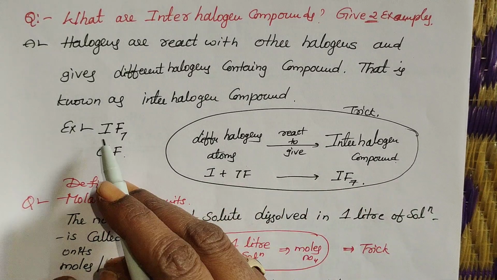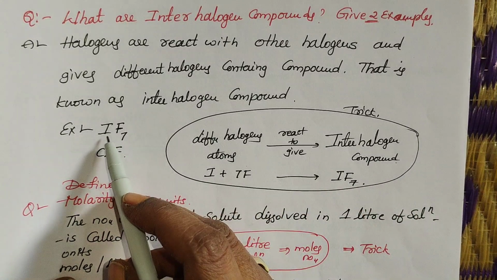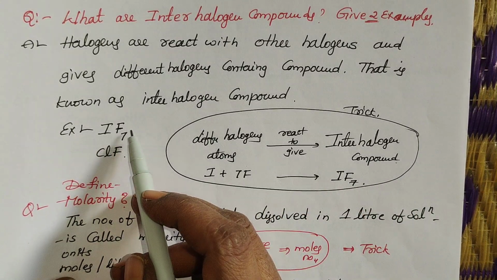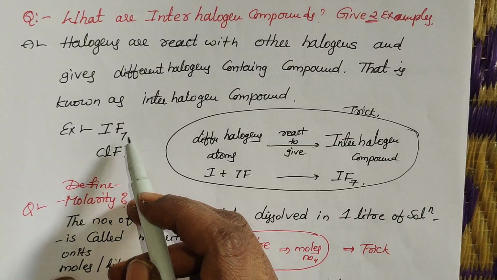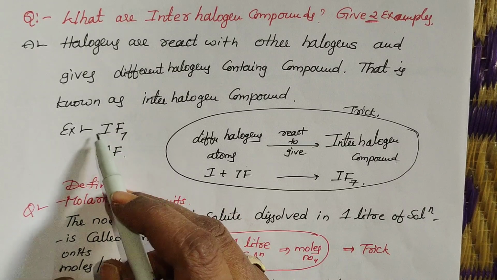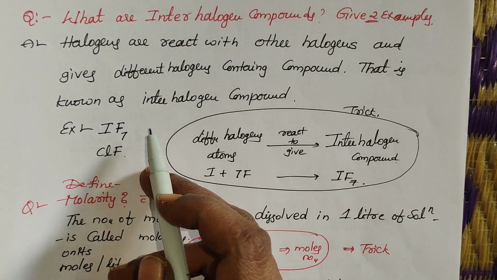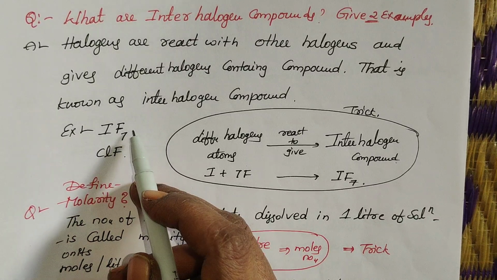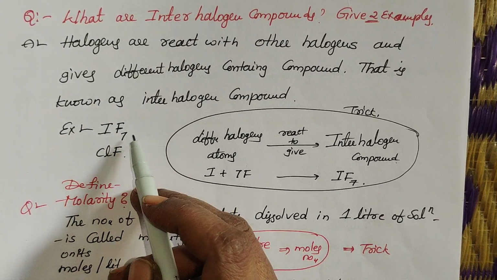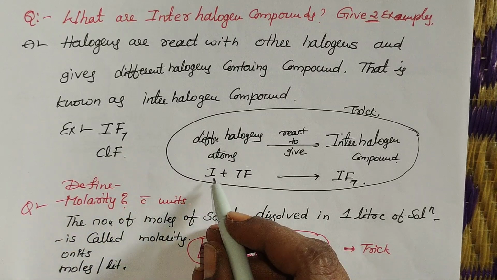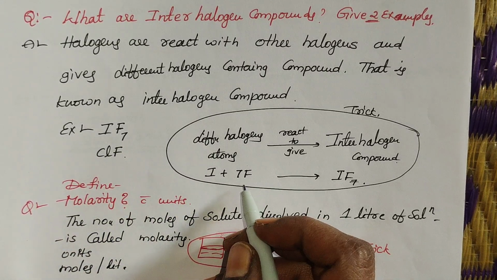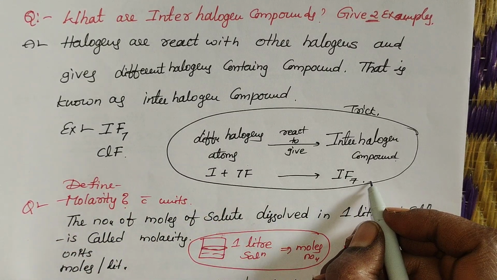For example, if you take IF7, iodine is also a halogen, fluorine is also a halogen, but it is a compound. Different types of halogens are combined to give a compound. This is an interhalogen compound. Understood? IF7, here iodine 1 and fluorine 7, and it gives iodine heptafluoride.